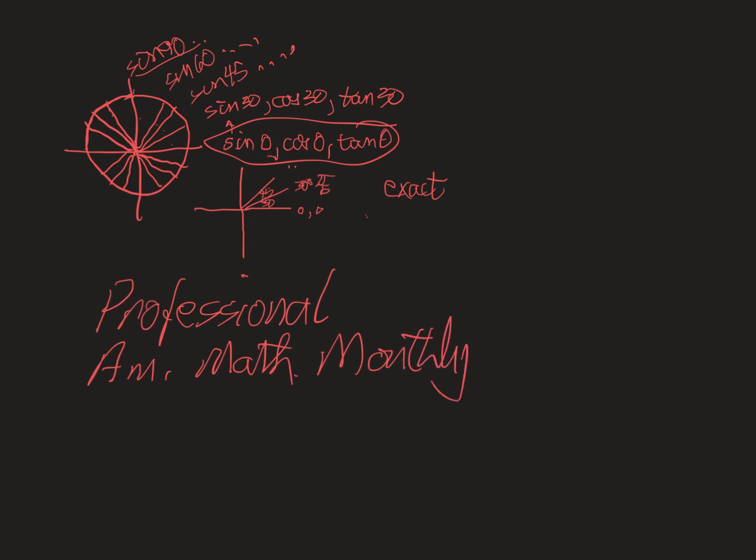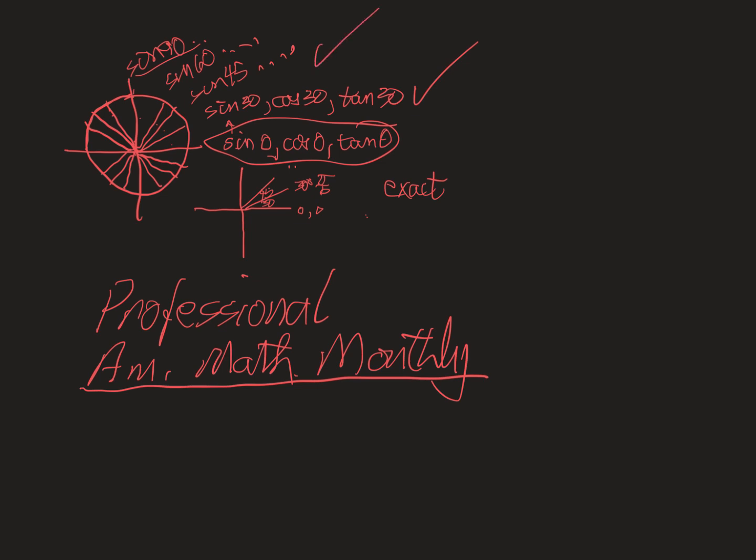I was thinking I was going to be a research mathematician once upon a time. And they published research mathematics in here. But every once in a while, they publish things about things you could use in life, or interesting little tidbits. And one of them they published was a way to remember all these values.